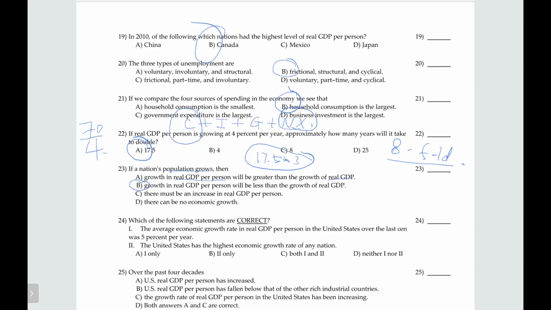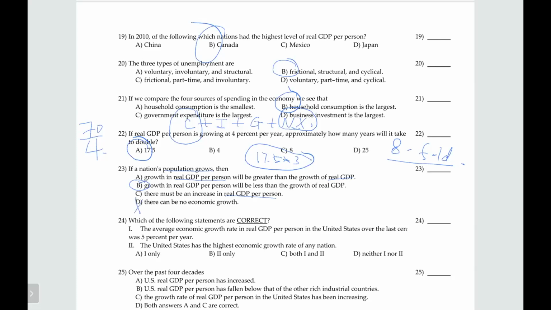Okay, now let's look at C. There must be an increase in real GDP per person. If the population grows faster than real GDP, then you're going to see a decrease in real GDP per person. And D, there can be no economic growth. That's not correct.